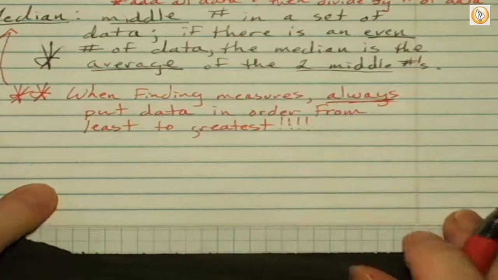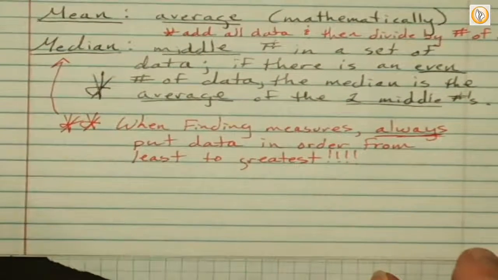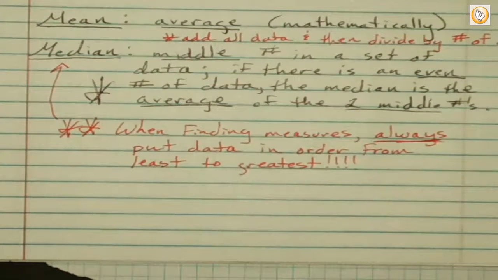See all these exclamation marks? Okay, so if you're looking for the average, does it matter if I put your grades in order from least to greatest? No. It doesn't matter. You just add them all up and divide by 10, right?